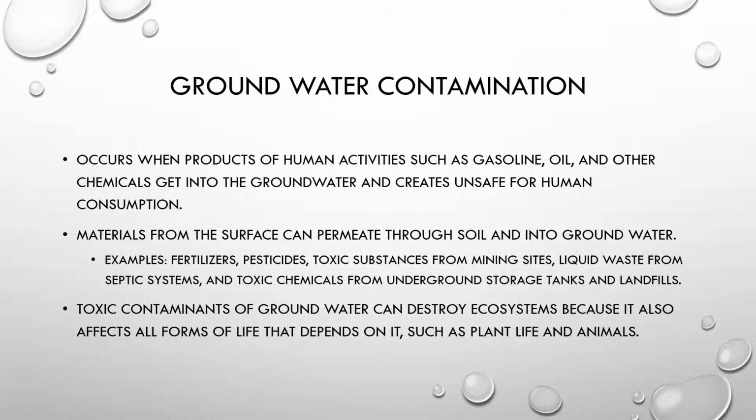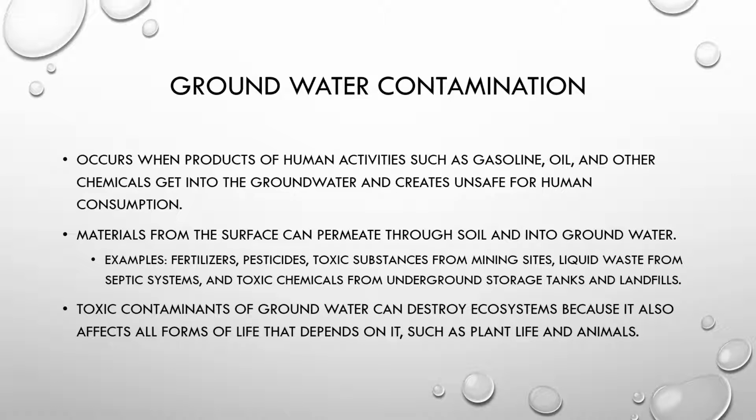Now let's talk about how our groundwater can be contaminated. Contamination is any repercussion or product of human activities that introduces unwanted chemicals into our groundwater, thus making it toxic or unsafe for human or wildlife consumption. These materials can come from any everyday or agricultural products.